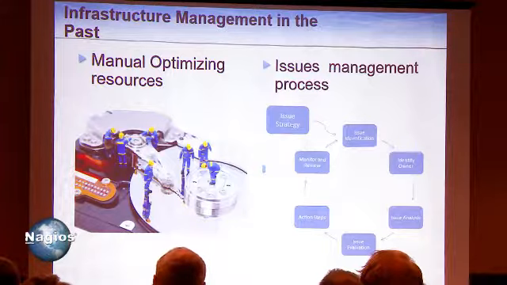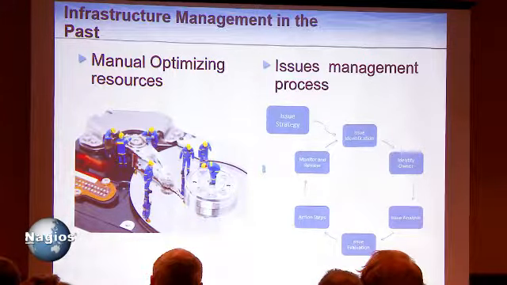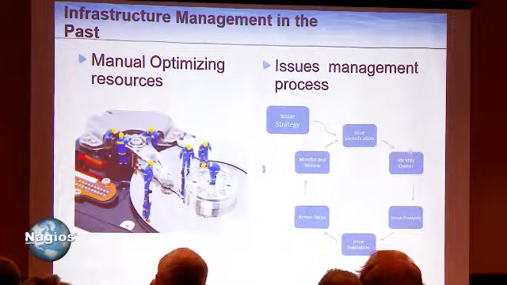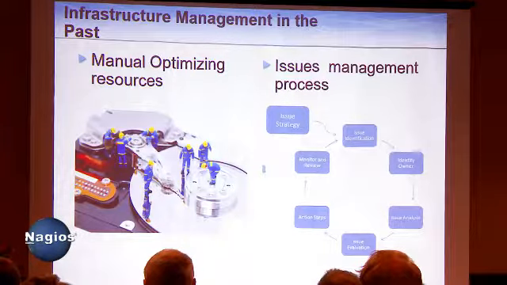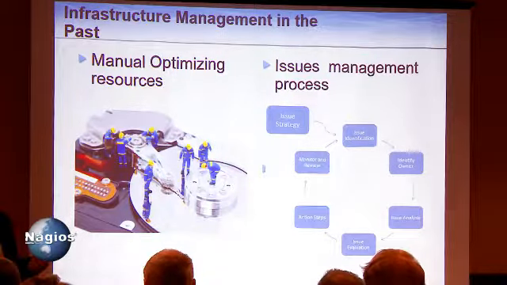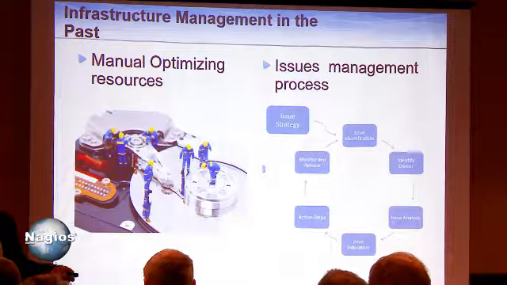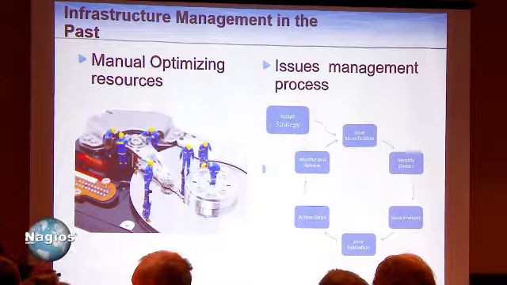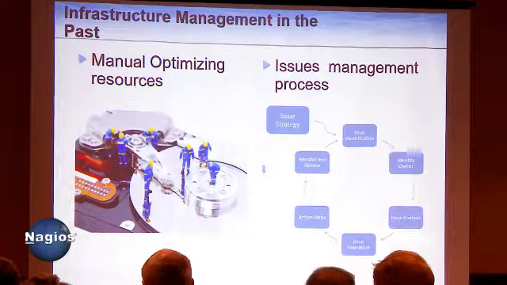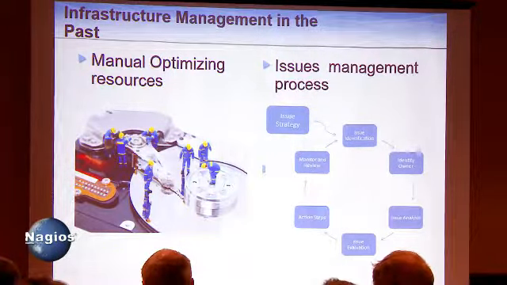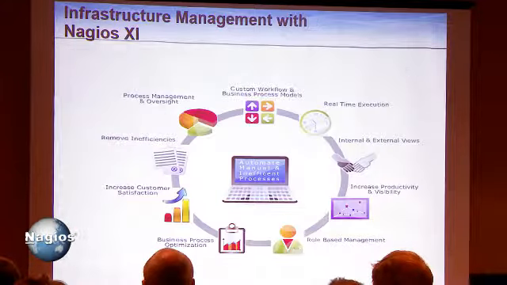One time a week, they check the principal servers: how much memory, how much disk free, how much disk used, how CPUs are. It's manual. The issues process happens after the incident. They don't have a process to know before the incident happens.